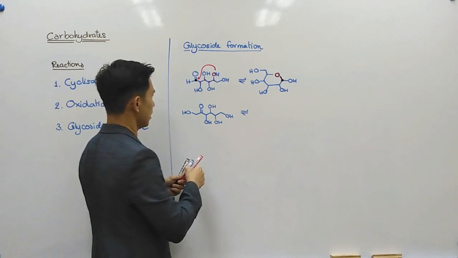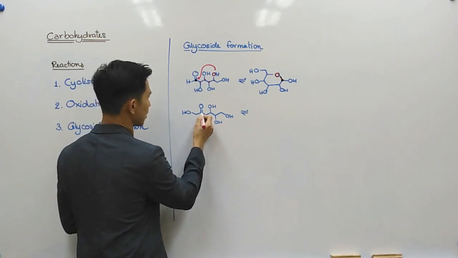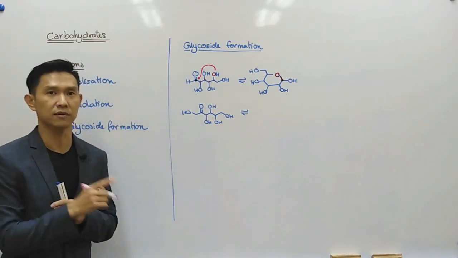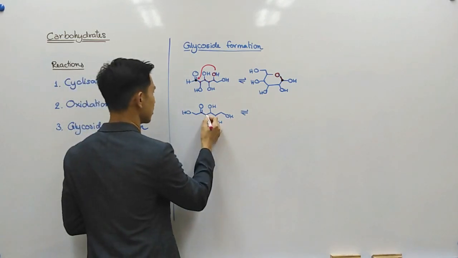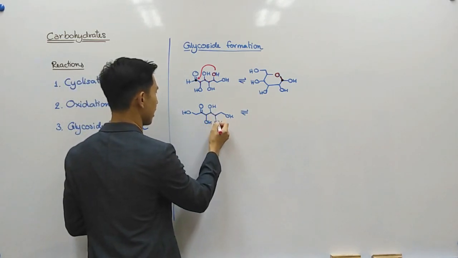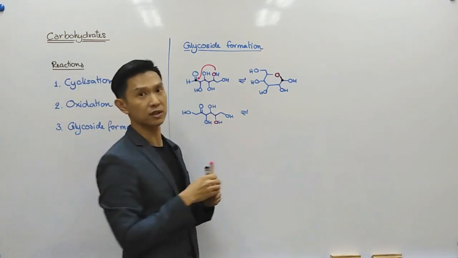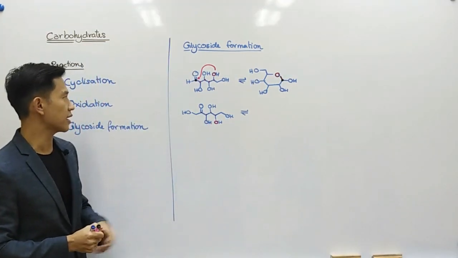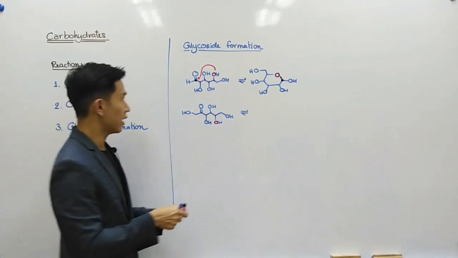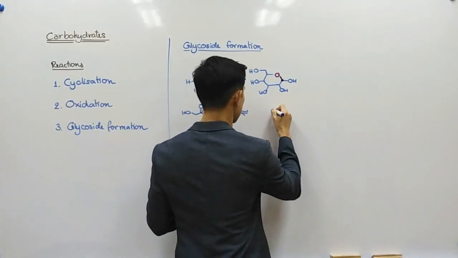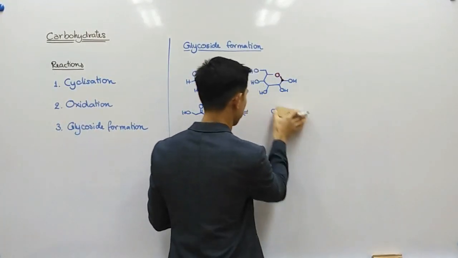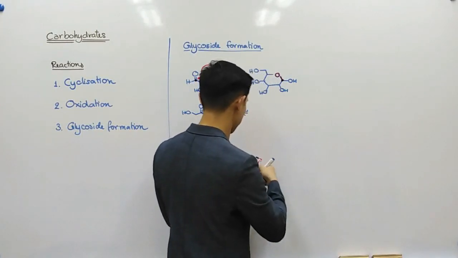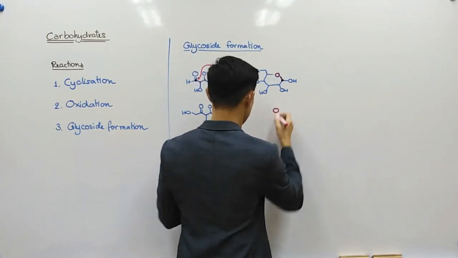So if this is the first corner, then the second corner, third corner, fourth corner, and the fifth corner is going to be oxygen over here. In a similar way, you can now construct the 5-membered ring. And from high school, you may be familiar with the structure of 5-membered ring fructose like this.